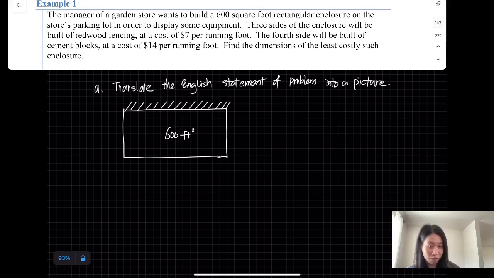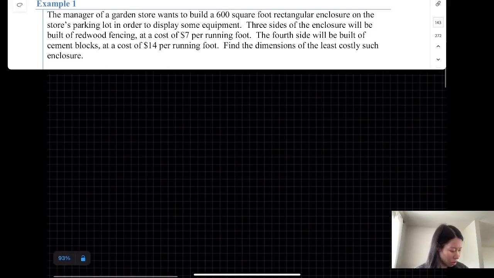That's why I use a different pattern. I know the cost for the redwood fence is $7, so all of these three sides are $7, and the cement side is $14. So I enter these on my graph to help me understand the question.